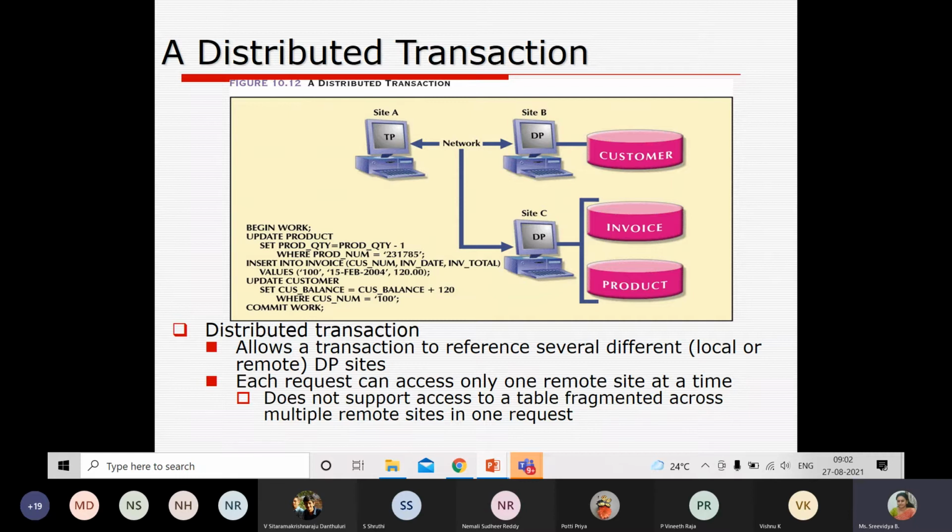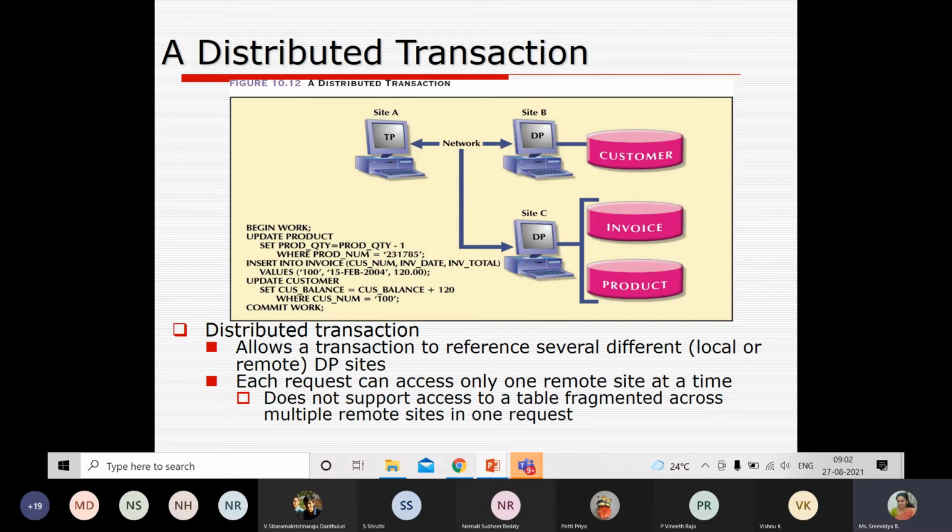Tables can be dependent in the sense that when you are fragmenting and storing in different locations, at that point of time the database administrator needs to look into this. So when you are defining your schema, you look into your table architecture and design it so that there should not be any conflict, and even if there is a dependency, you keep those two tables in the same database at a single site.